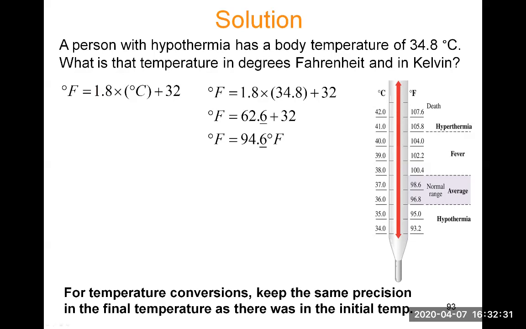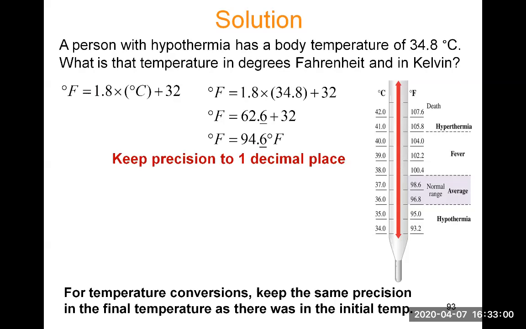Here the precision in the initial temperature was to 1 decimal place, so you want to keep the precision to 1 decimal place for your final temperature in degrees Fahrenheit. That's why here we had to keep the 0.6, and that's the same precision as the given temperature of 34.8 degrees Celsius.